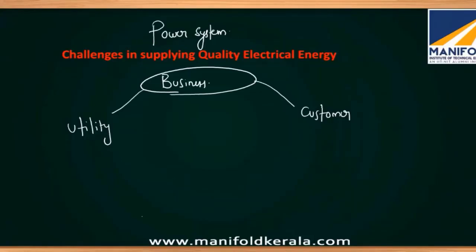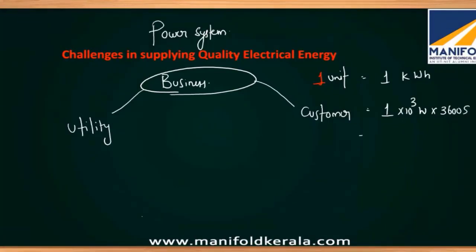You sell your electrical energy in units. So 1 unit of electrical energy means how much? It is 1 kilowatt hour of electrical energy. Kilo means 10 to the power of 3, so that many watts, into an hour, which is 3600 seconds.